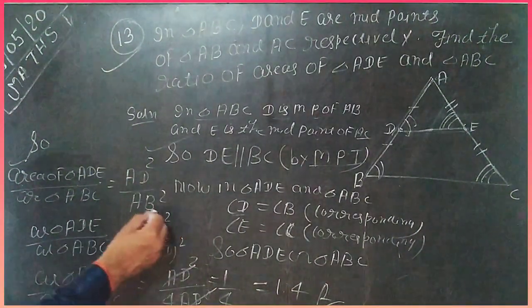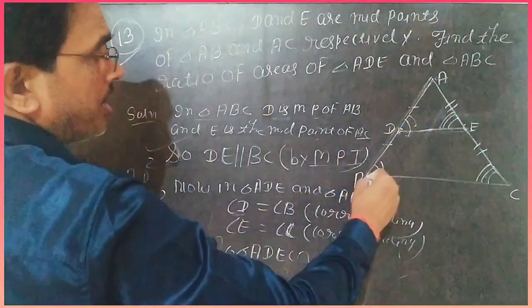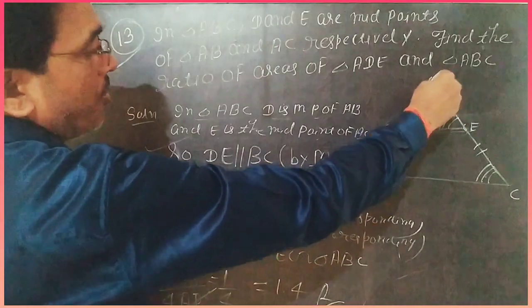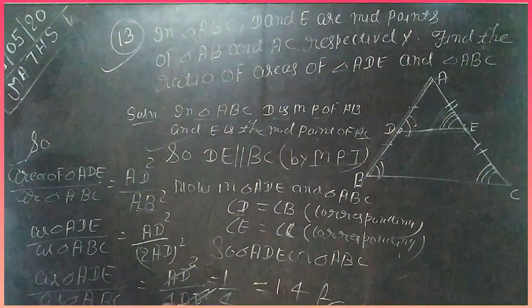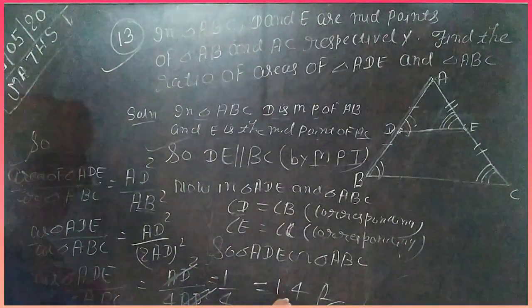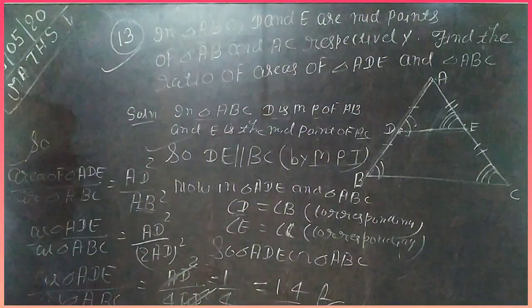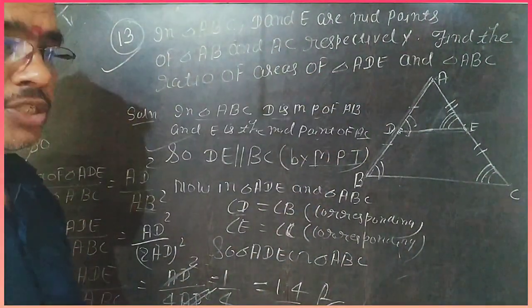Since D is the midpoint, AD and DB are equal, so we can write AB is equal to 2AD. Then AD square by 4AD square. AD square cancels, then it is 1 by 4, which is 1:4. So the ratio of area of triangle ADE to area of triangle ABC is 1:4.